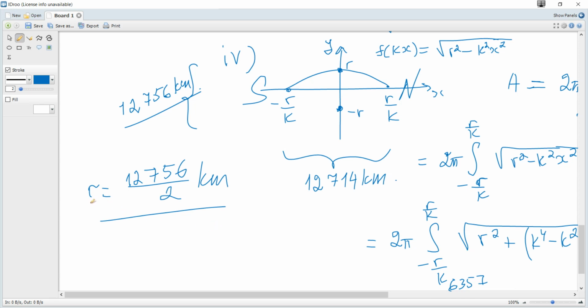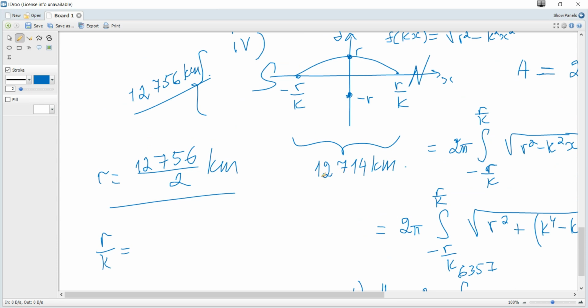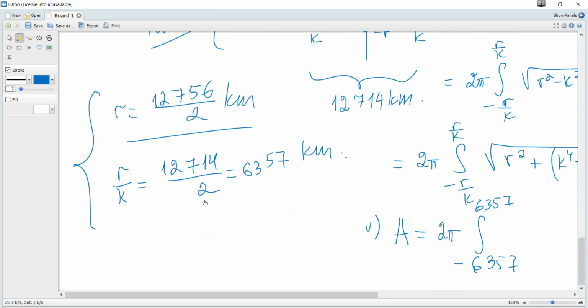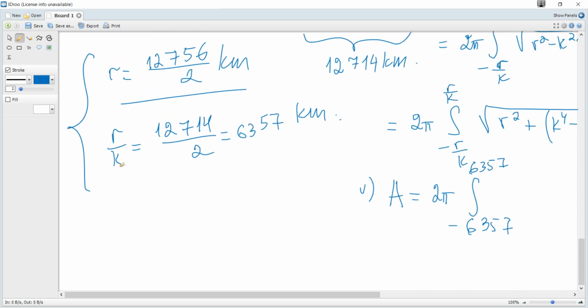Yes, it's r, and r over k is this value divided by 2, which is 6357 kilometers, and we can find k.